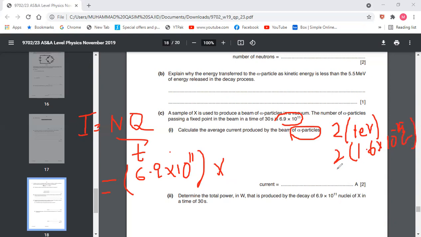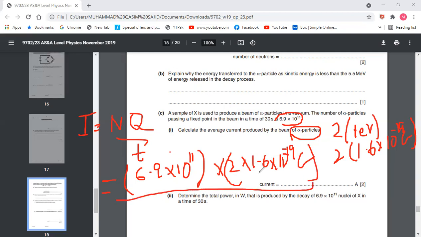So charge equals 2 into 1.6 into 10 raised to power minus 19 coulomb, whole divided by the time given, which is 30 seconds. So divide by 30. Kindly find it. Yes, sir.